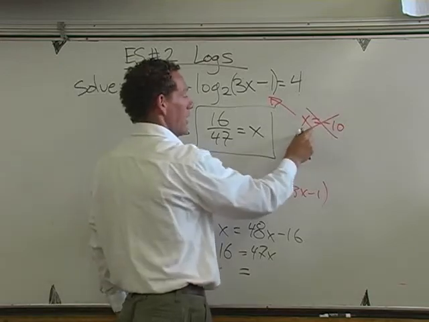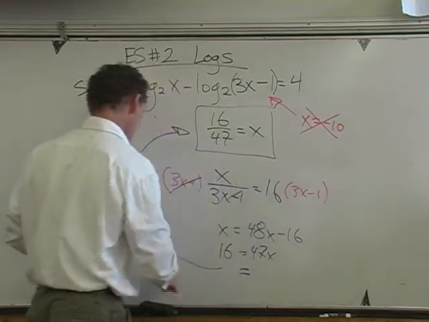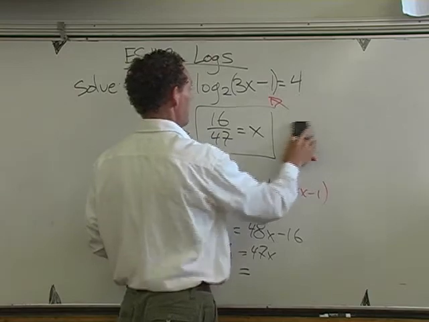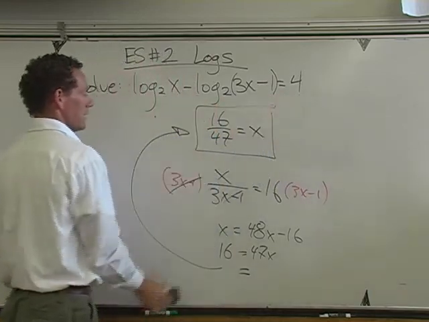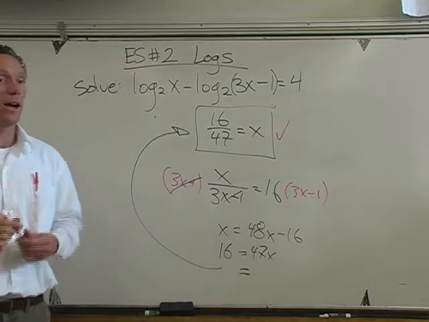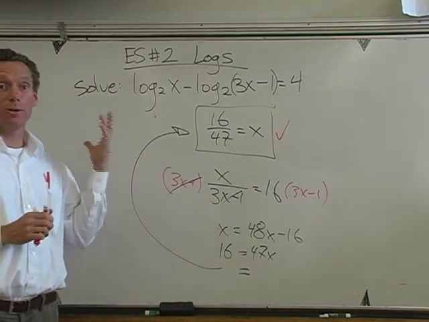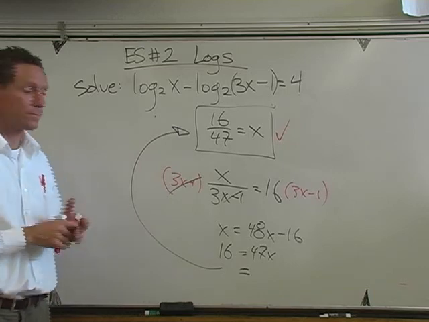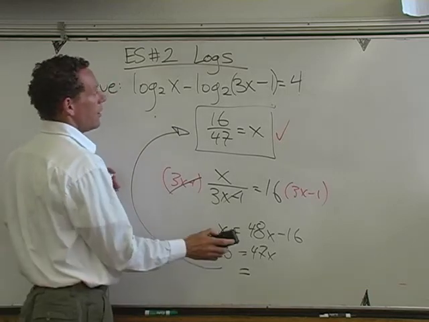You would say, not allowed. But we have a positive value, we put it in here, we're taking the log of a positive number, no problem. Great. Okay, so that's an example of solving a logarithmic equation. Question?